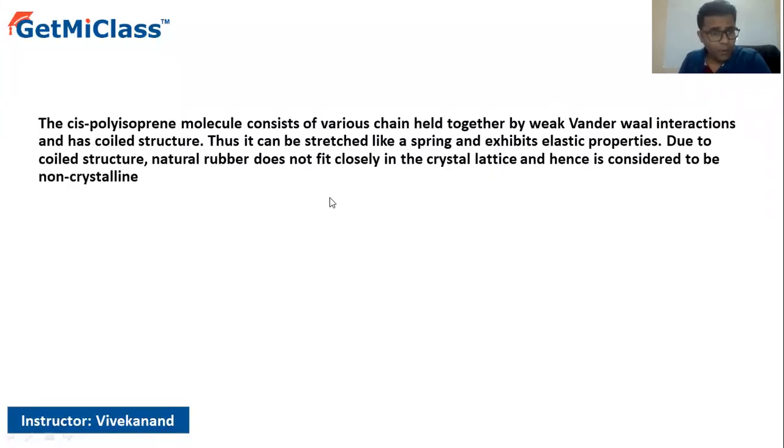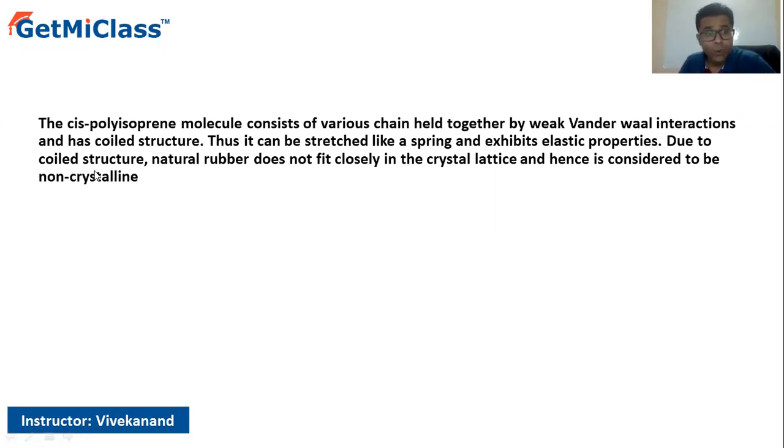Now let's observe all these points one by one. The cis-polyisoprene consists of various chains held together by weak van der Waals interactions, and it has a coiled structure. Hence it can be stretched like a spring, and it exhibits an elastic property.